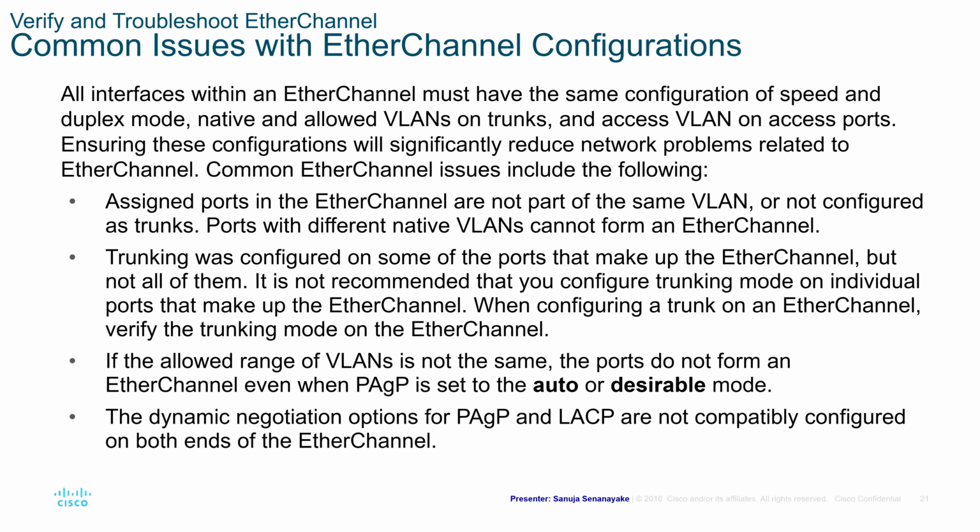So for the dynamic negotiation options, remember those two tables that I had on my previous slides. Make sure you go through them and understand what each of these configuration modes means for your EtherChannel. That will help you troubleshoot your EtherChannel issues associated with the configuration modes.